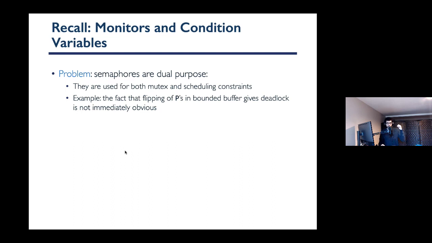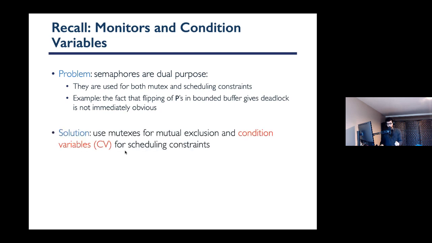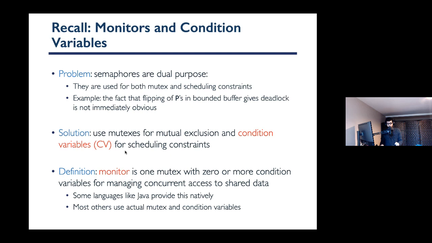We're going to use the mutex for mutual exclusion, and the condition variables for scheduling or for putting constraints in our programs. So we're basically getting the same functionality that we were getting out of semaphores, with monitors. Now it's much cleaner. Every time you want mutual exclusion, use the mutex. And every time you want constraints, use the condition variables.